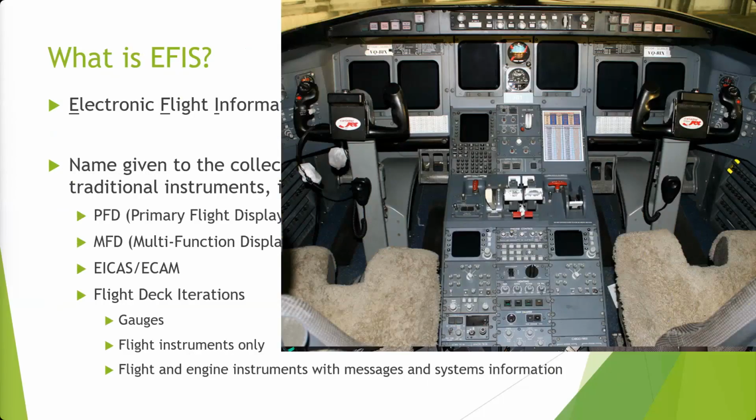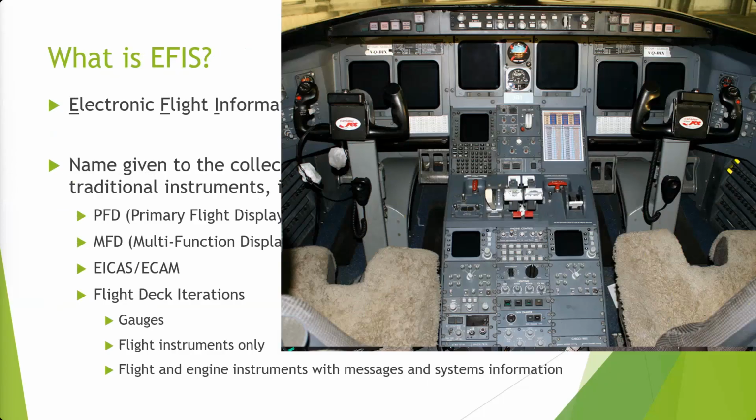You're going to have caution and warning messages, landing gear position. And then on the right one, you're going to be able to switch between all your different system information. There's a little control panel on this airplane, down here in the middle. Primary, electrical, hydraulic, and so on, to be able to switch what's on this display over here. Okay.